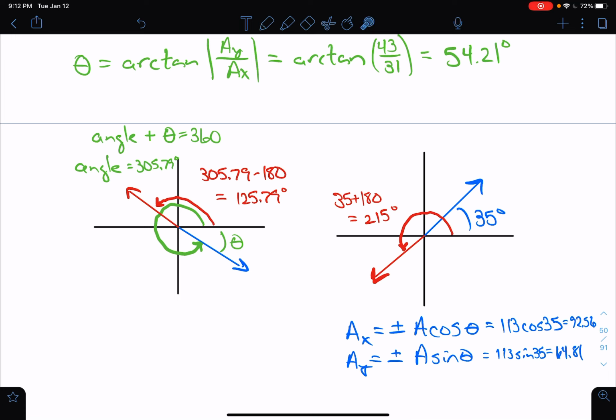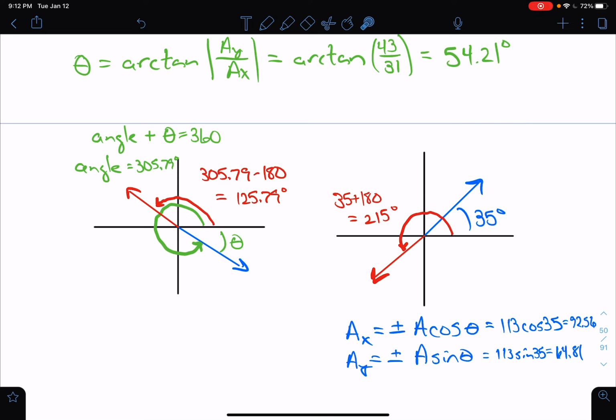And again, let me go over this one more time to make sure I'm being clear. Here I added, because adding 180 to 35 doesn't put me over 360. Here I subtracted, because if I add 180 to 305, I'm going to be over 360. Now you could do that. I could have gone 305.79 plus 180. Okay, then I'd have 485.79.